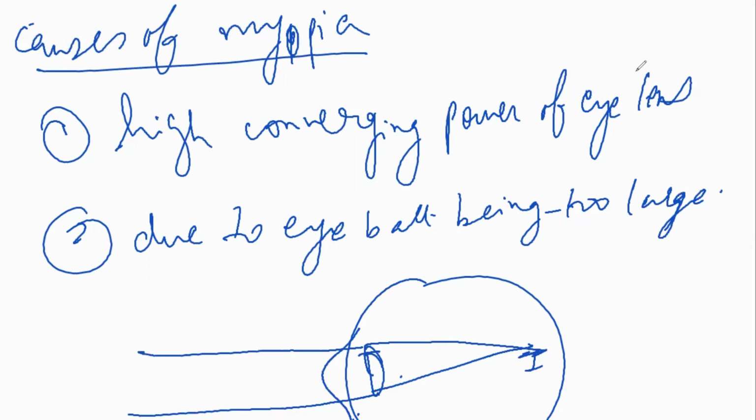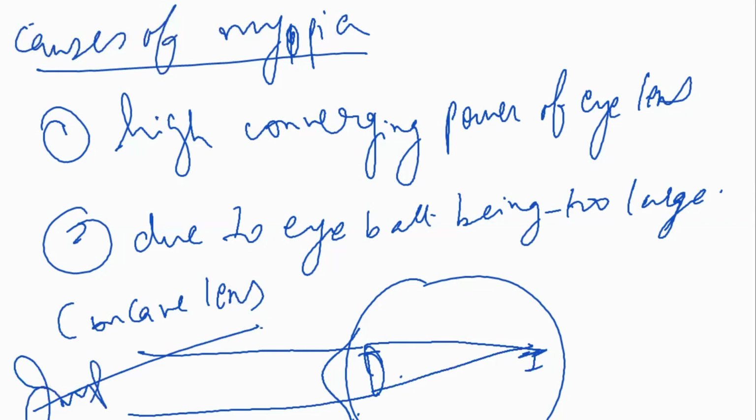Clear? Understood? So how to correct it? You have to wear specs made up of what? Concave lens, not convex. This is a very, very important point. For myopia, we use concave lens.